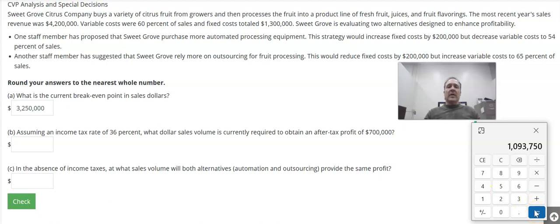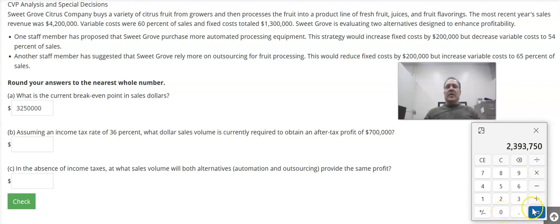And I may get a messy number here if I do that. Now, not too bad at all, actually. So I took 700,000 and I divided it by 1 minus the income tax rate, which gave me 0.64, and I'm at $1,093,750. Now my fixed costs have not changed. So now what I'm going to do is add those fixed costs in.